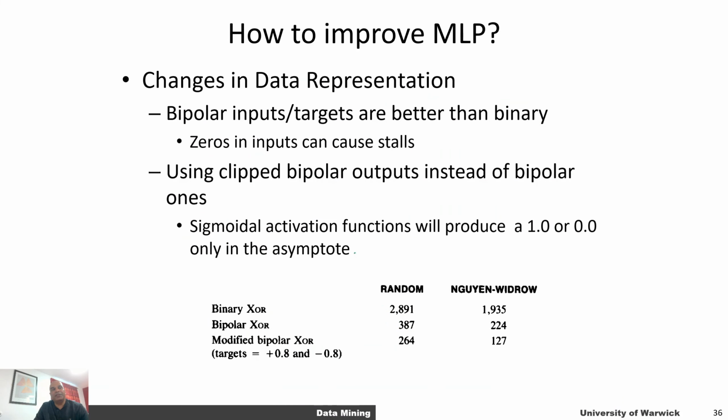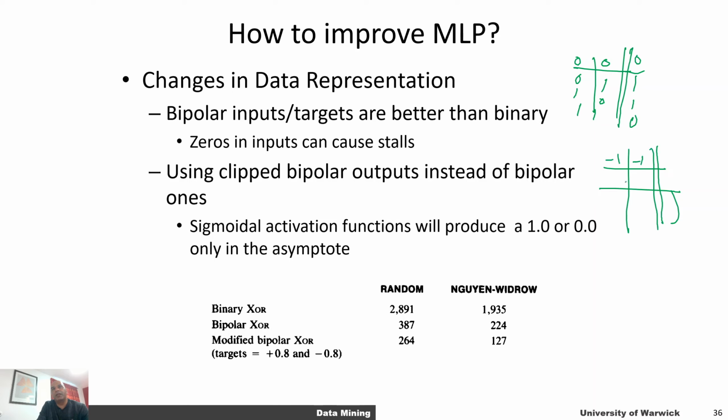So if we simply change the binary exclusive OR problem, in which we have 0,0, 0,1, 1,0, and 1,1, with the corresponding targets of 0, 1, 1, 0, to simply bipolar labels, in which we have -1,-1, -1,+1, +1,-1, and +1,+1, with the corresponding targets being -1, +1, +1, and -1.